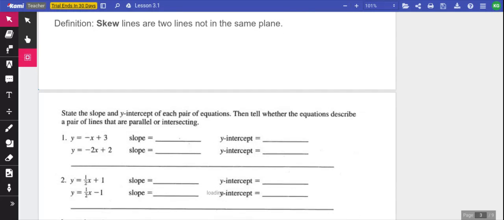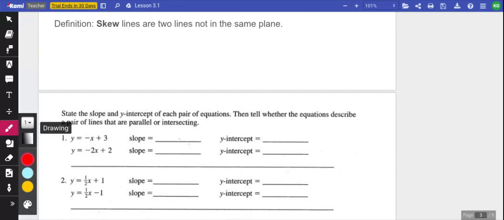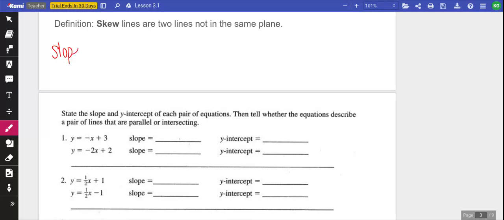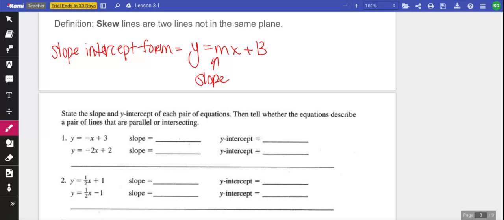So first thing we're going to talk about is equations of lines. Going back to Algebra 1, remember that if I have an equation in slope intercept form, that's y equals mx plus b, where m is the slope and b is the y-intercept.